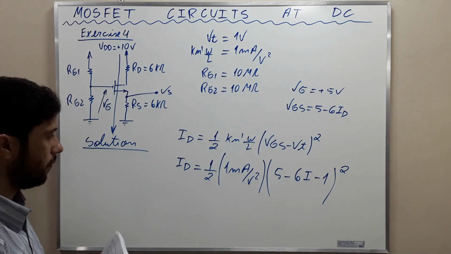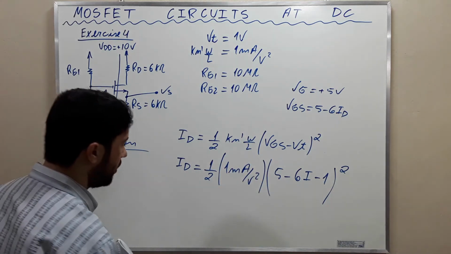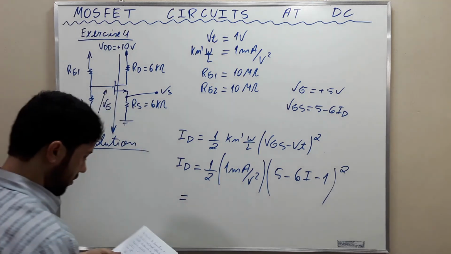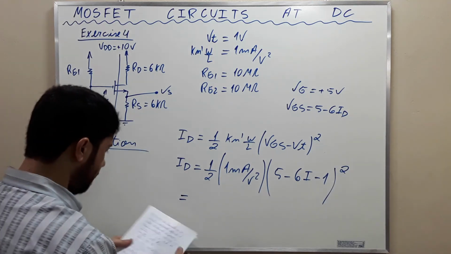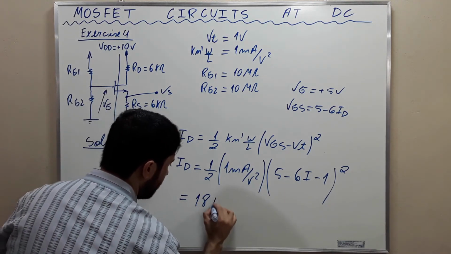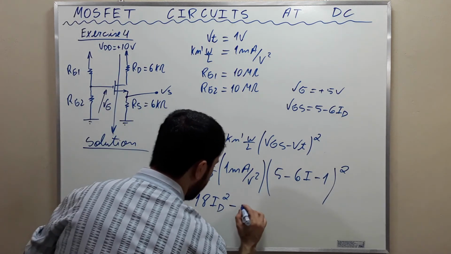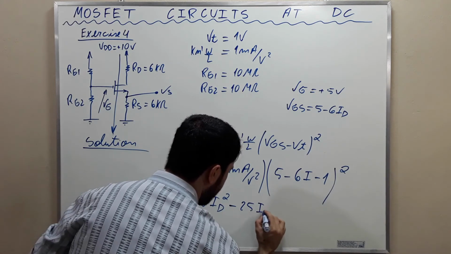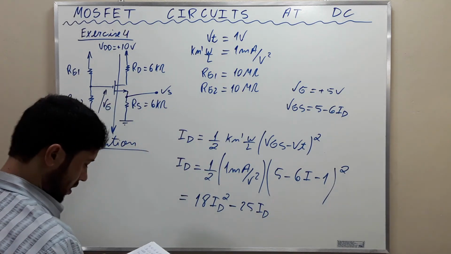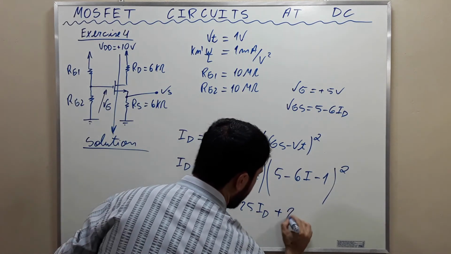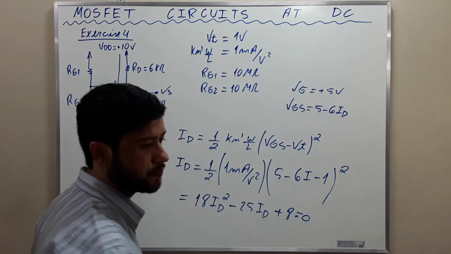If we develop this, we find this quadratic equation: 18 times ID squared minus 25 times ID plus 8 equal to 0.